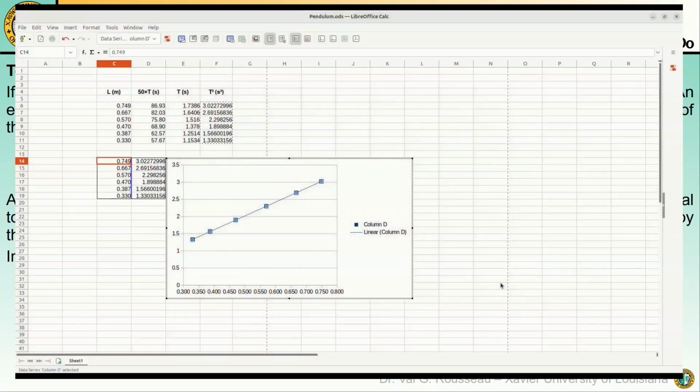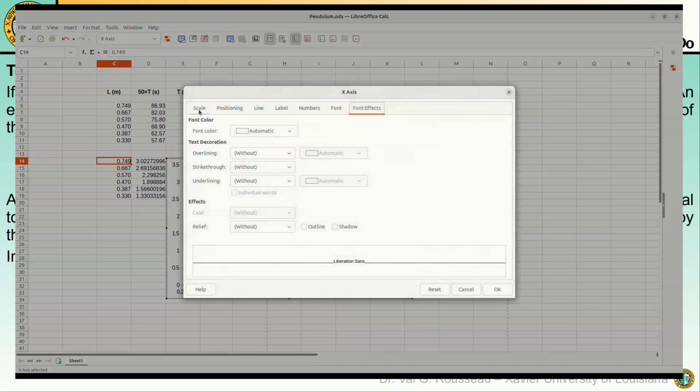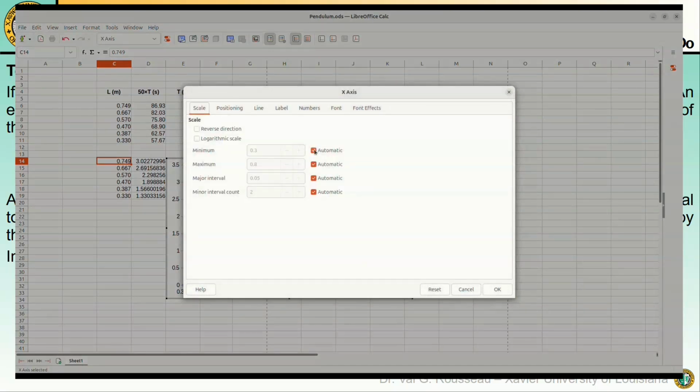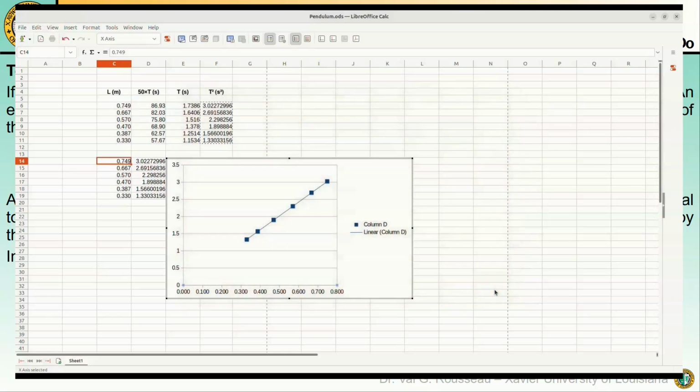So far so good, but to check that we have the expected directly proportional relationship, we need to check that the line passes by the origin. So let us force the horizontal axis to start at 0. Yes, there are some good signs here of direct proportionality.